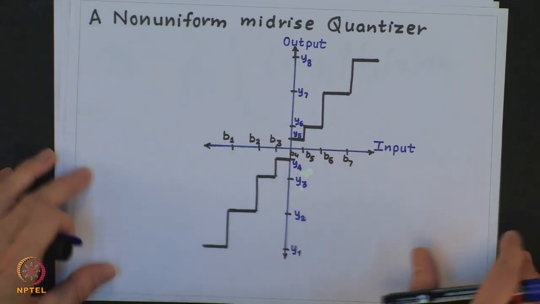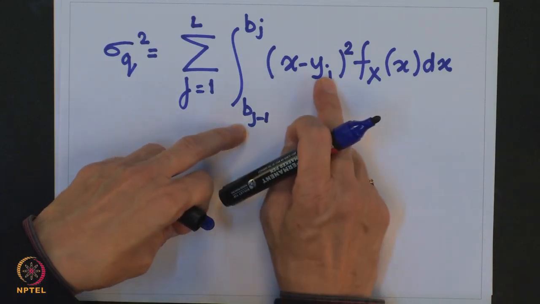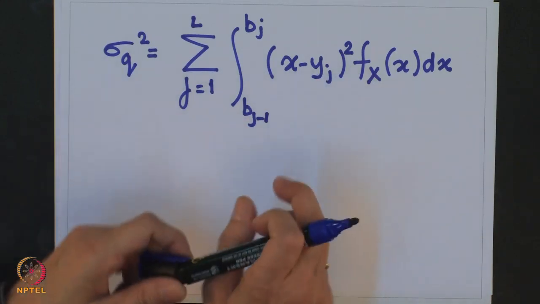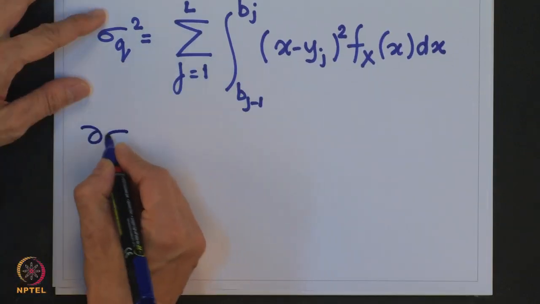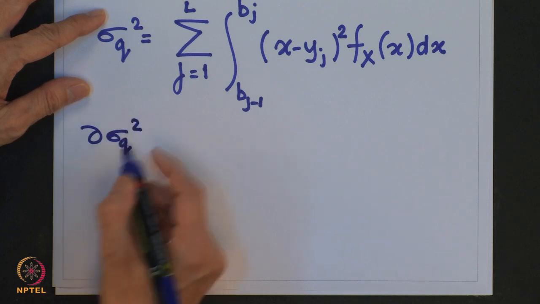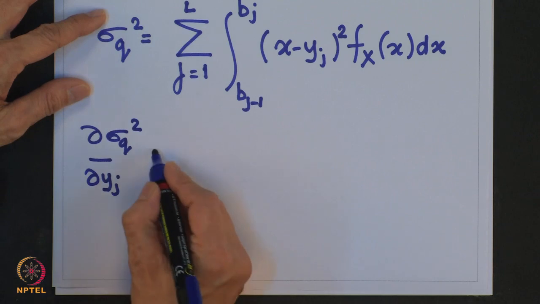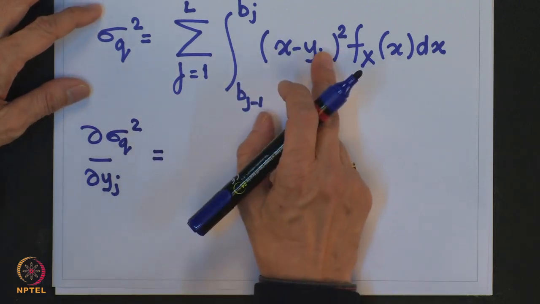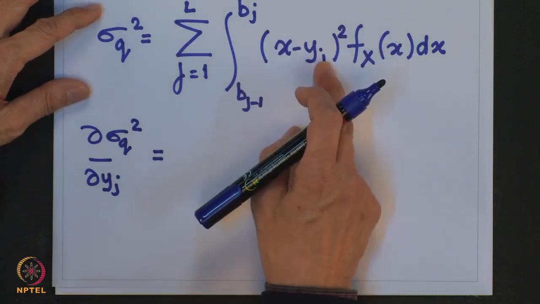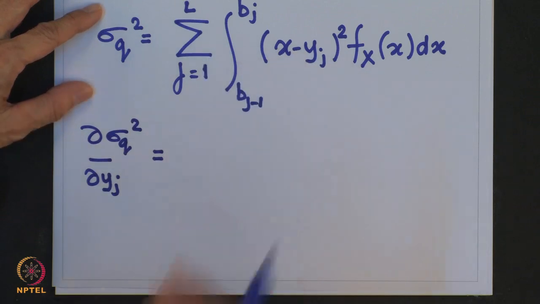Let us first take the derivative of this with respect to the boundaries Bj and also with respect to Yj. First, we will take the derivative of this quantity with respect to Yj. Now, when I do this, remember that only one term in this summation will remain after the derivative, and that is easy to see.